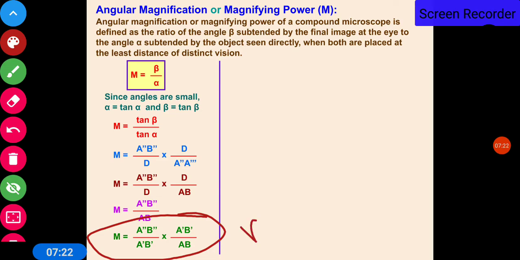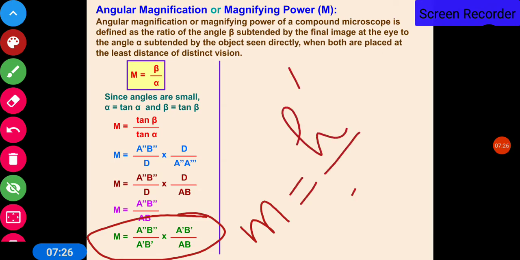And also we know that the linear magnification is h dash upon h, that is the height of the image upon height of the object. So in here we can replace A double dash B double dash upon A dash B dash by ME, because this is the ratio of the image and object for the eyepiece.